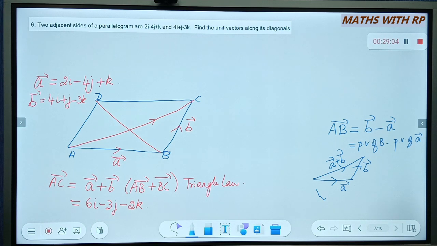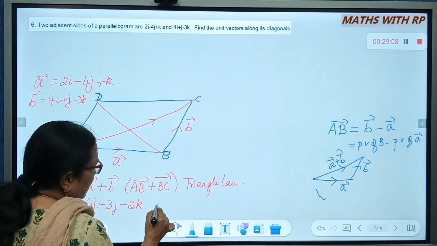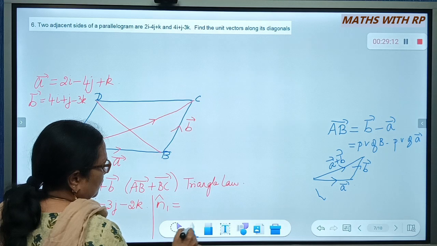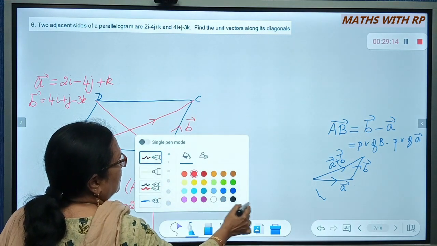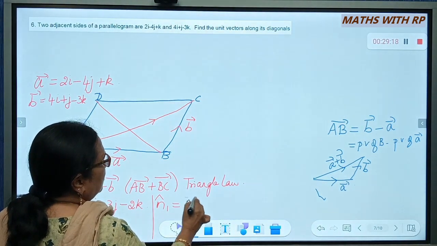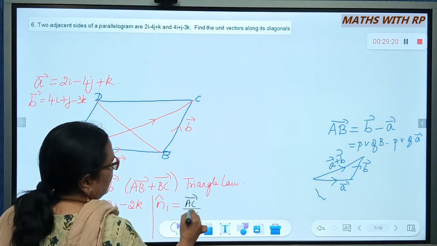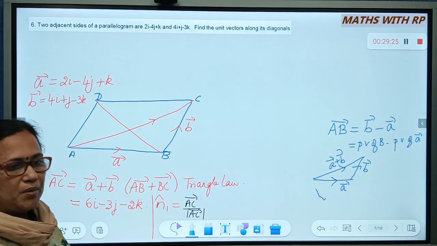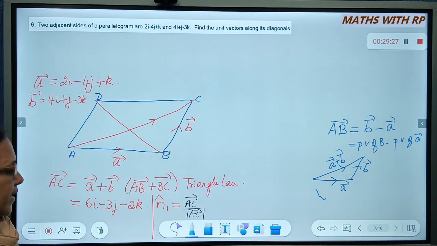But they have asked you to find a unit vector along the diagonal. So unit vector, let me call it n1 cap. n1 cap will be what? AC vector by modulus of AC vector. In the earlier video also we have discussed unit vector is given by the vector divided by its magnitude.